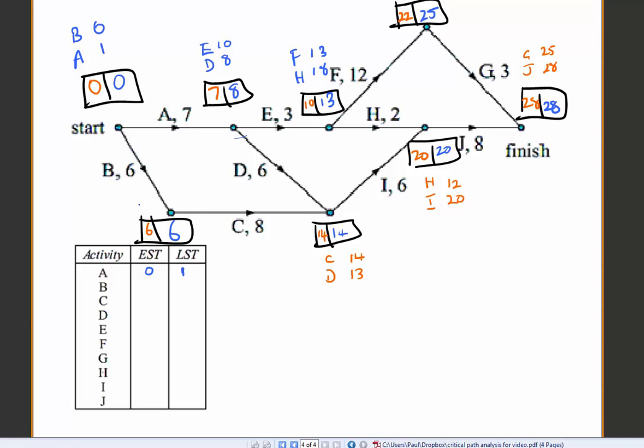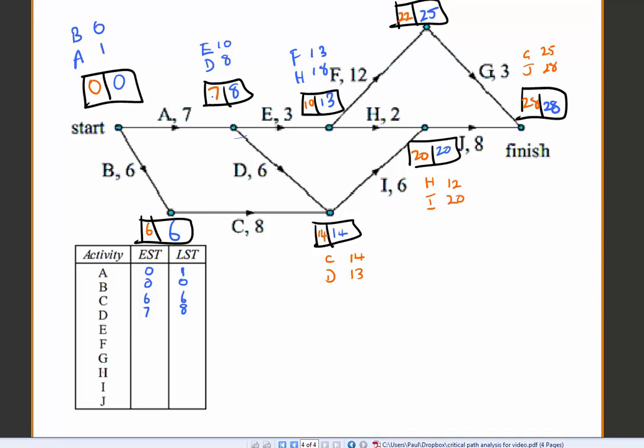B, we do earliest start time is 0, latest start time 6 take 6 is 0, on the critical path. C, C's earliest start time is 6, LST is 14 take away 8 is 6, again it's on the critical path so it should have no slack time. D, D's earliest start time is 7, latest start time 14 take 6 is 8, got a slack time of 1.